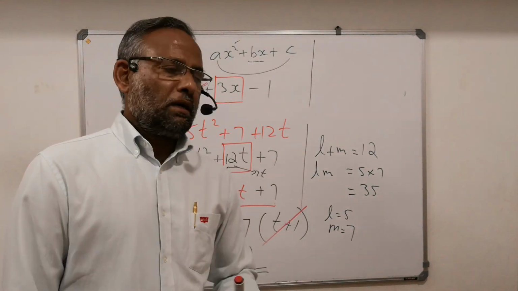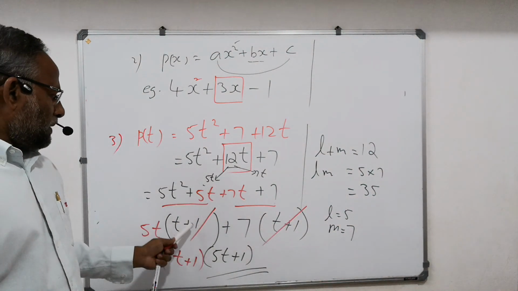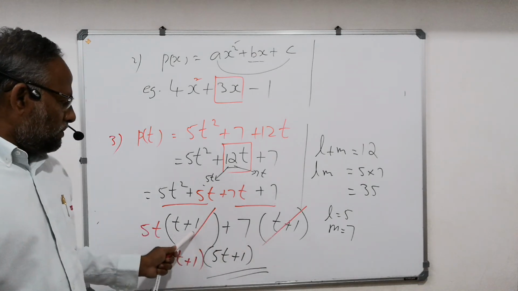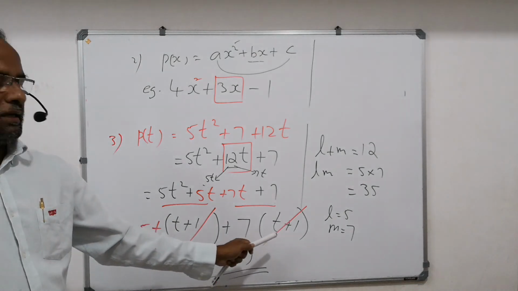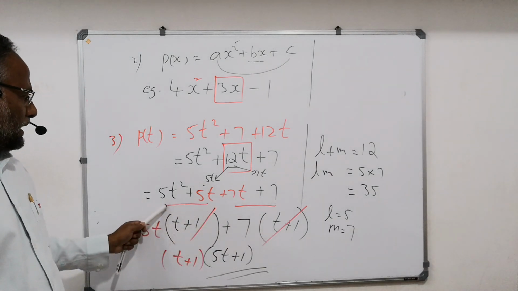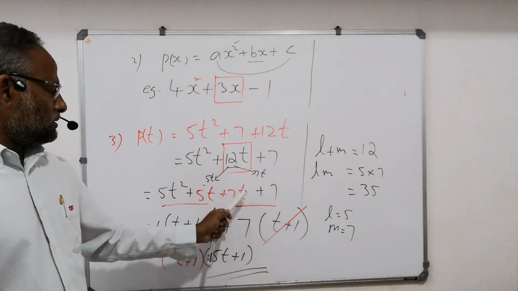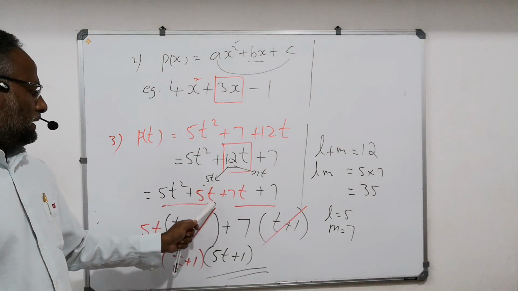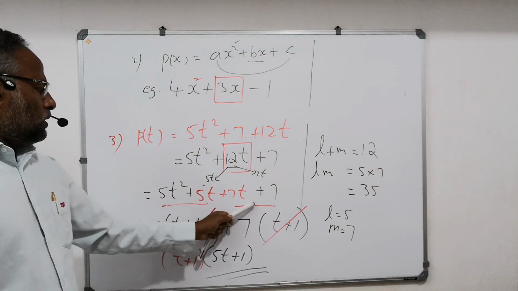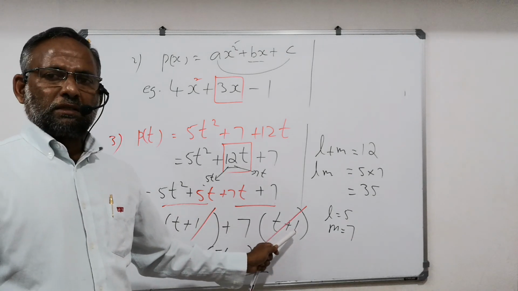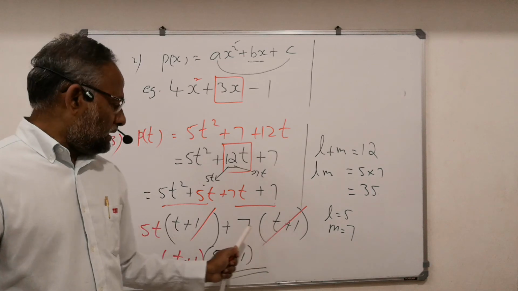After getting the numbers, put the brackets as I told you. Same thing we have to put in the bracket. Arrange it so that there will be 4 terms, splitting the middle term. Then we arrange the 4 terms 2 and 2. After that we take the common thing, the same bracket.